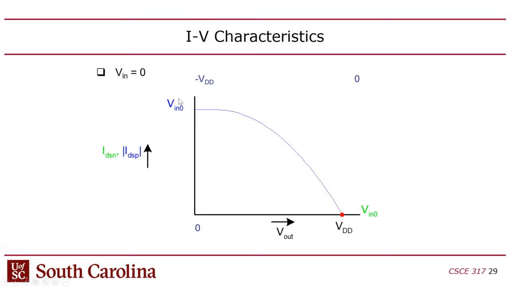Why would the current be so high at 0? It's 0 volts, right? If you look at that blue line, at 0 volts you've got all this current. Why would that be? Well, the reason is that's not 0. That's negative VDD. As you increase the VDS for the PMOS, you decrease the current.